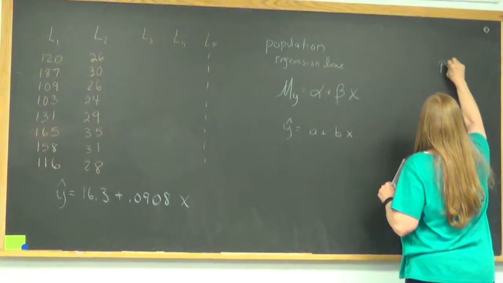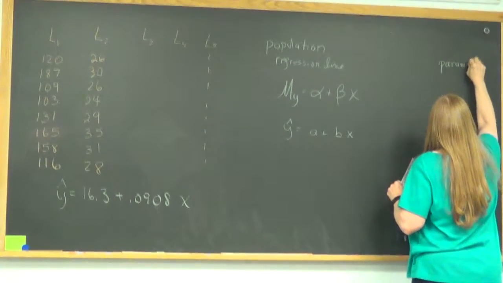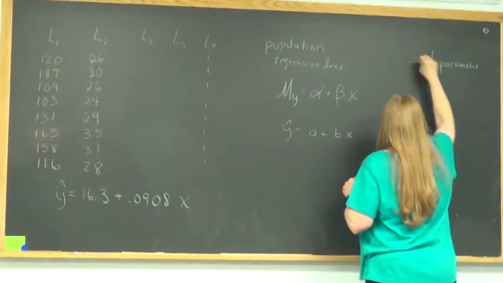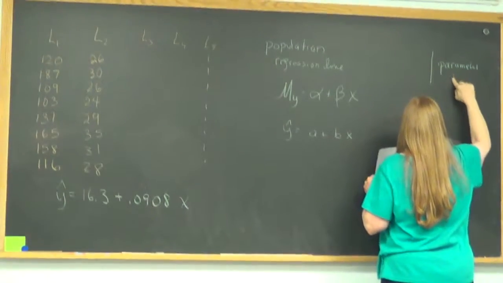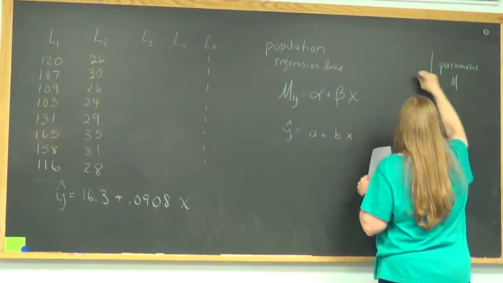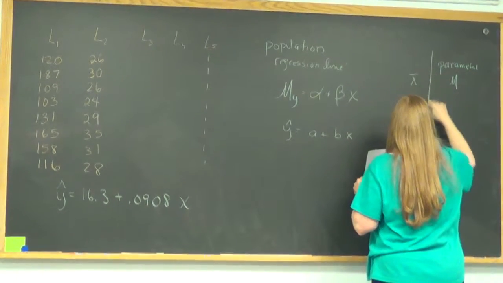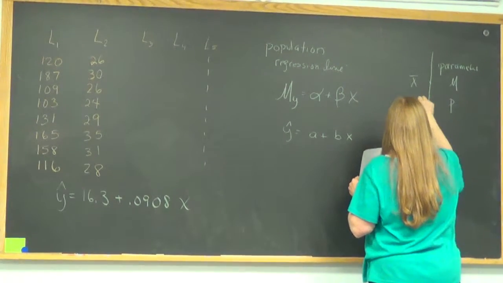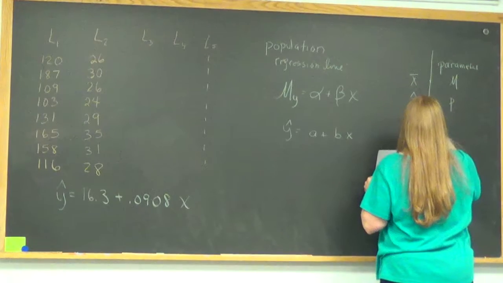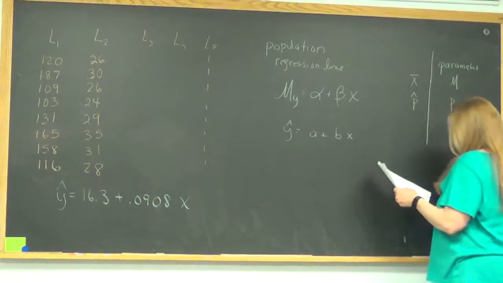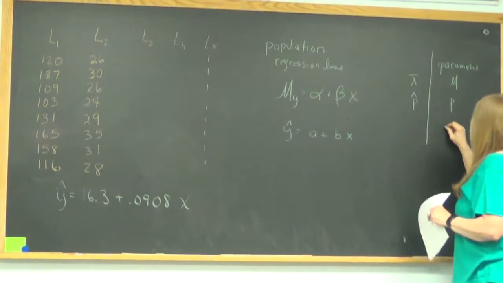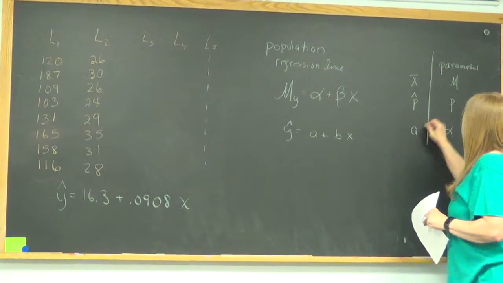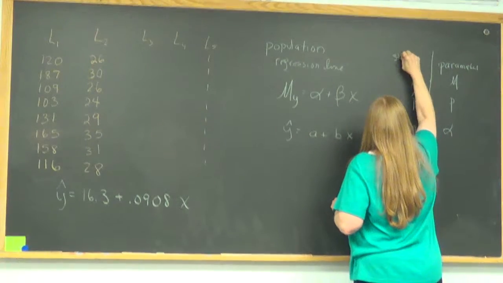So the parameter would be mu, and x bar would be called the statistic. Parameter, statistic, that's it. Alpha is a parameter. Good job, Morgan.